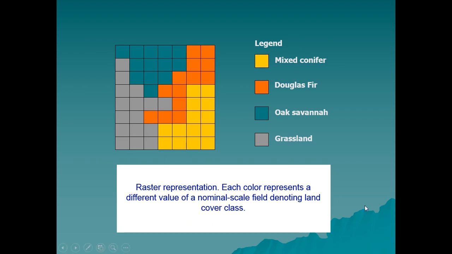Okay, similarly here we have an example of a raster representation of forest cover. This is our legend. Okay, and here we see the various color representations assigned to our grid.